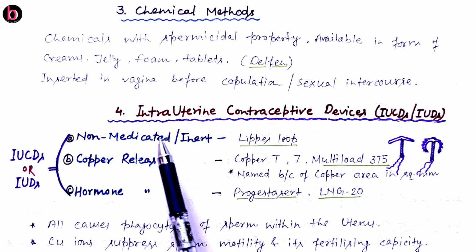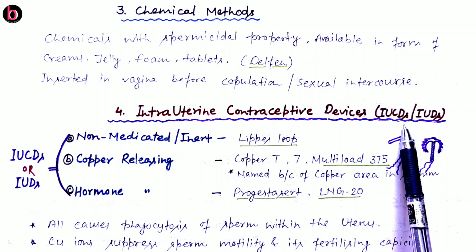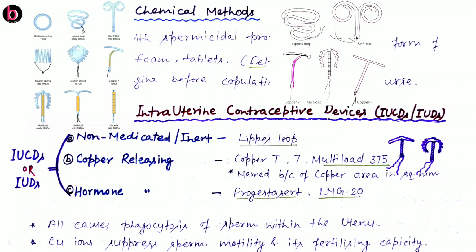The next one is intrauterine contraceptive devices, IUCDs, or intrauterine devices, IUDs. These are devices that are inserted by doctors or expert nurses into the uterus through the vagina. These intrauterine devices are available in 3 formats.